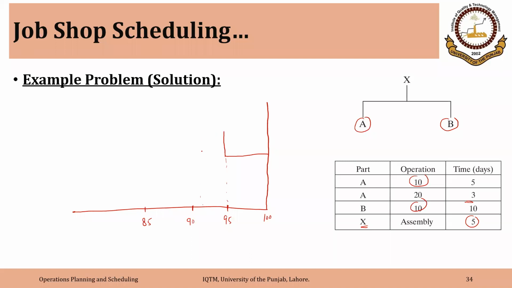This was assembly X. Operation 10 requires 5 days, so up to day 87.